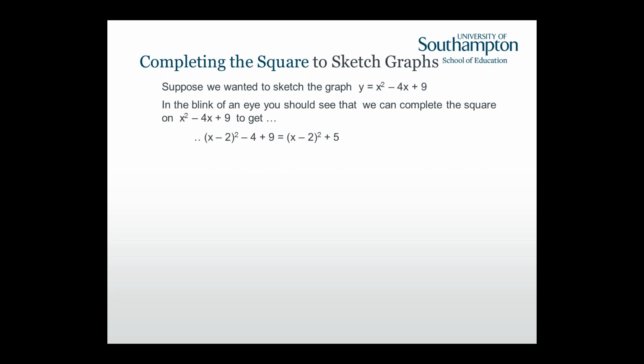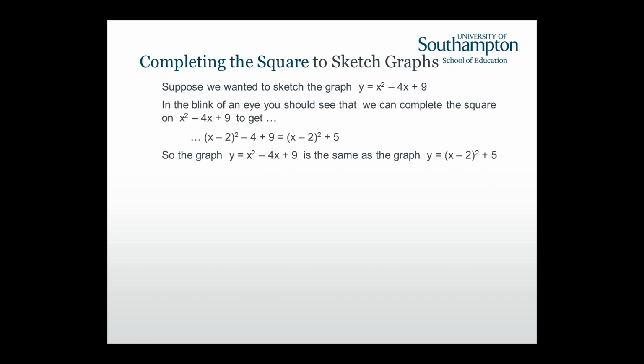So, if we complete the square, we can write this graph as this graph. We are coming at this from an algebraic point of view. And I think definitely telling you this now, I don't normally do it this way round. And I can see why, because I don't think it makes sense.